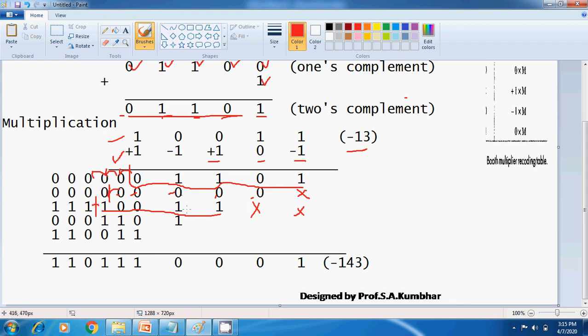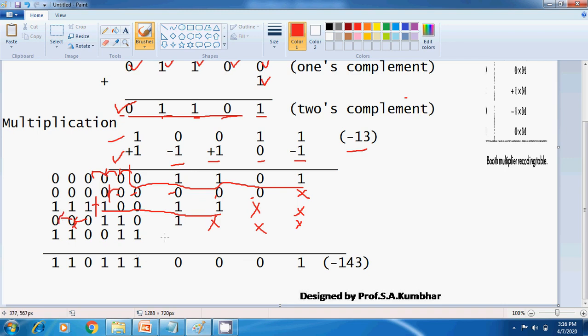And again in the next iteration, the multiplier bit is minus 1. Here I have to take the 2's complement form of the multiplicand, which is already calculated here. Directly I have written here, and the remaining 2 bits are again extended with sign extension.